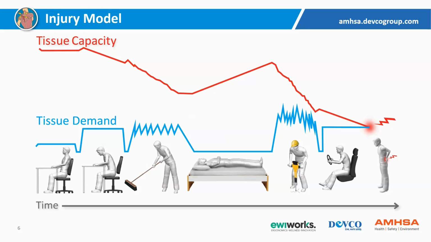The blue line on the bottom is the amount of work that's been placed on that particular tissue. And essentially what you can see is as we're doing stuff, depending on how much effort is associated with that, our tissue's capacity is decreasing every time we do more intense work or harder work.